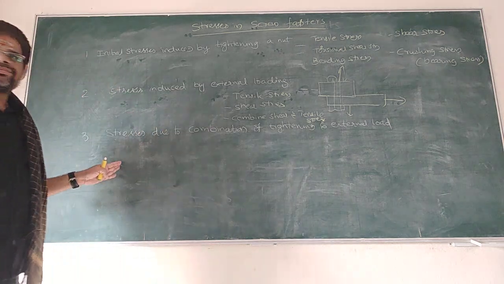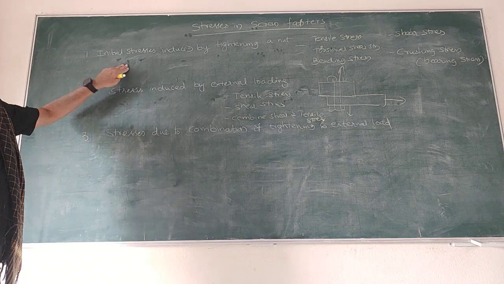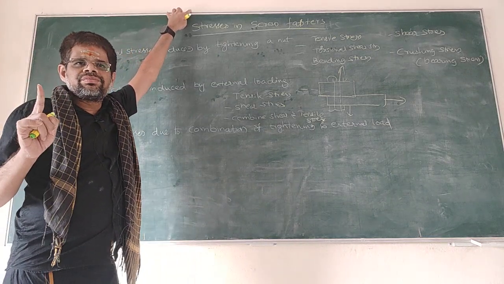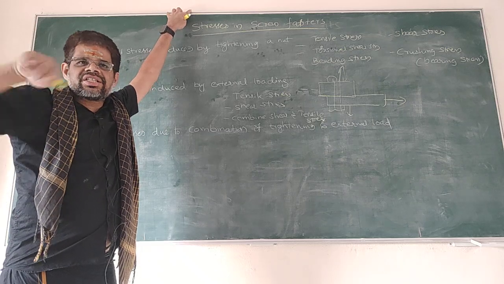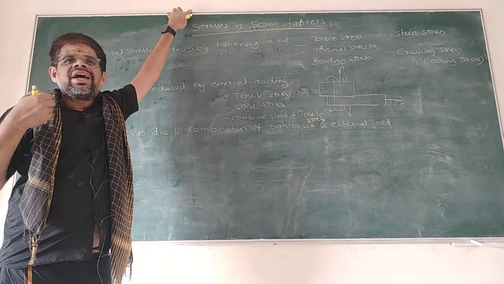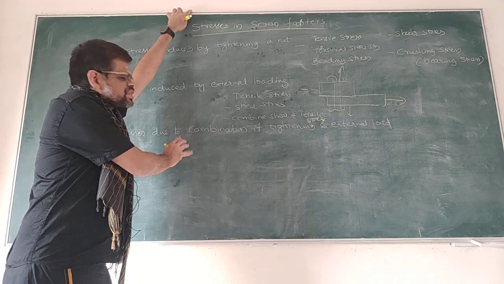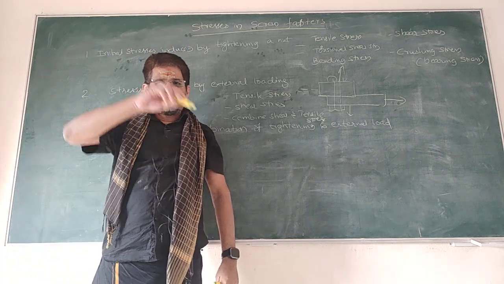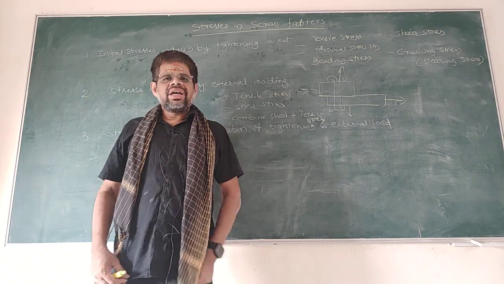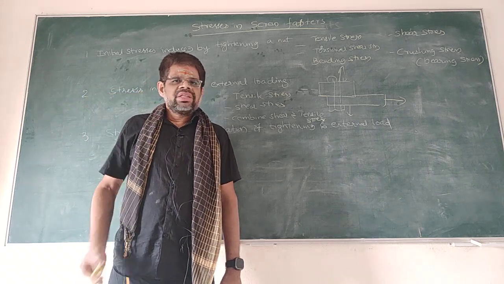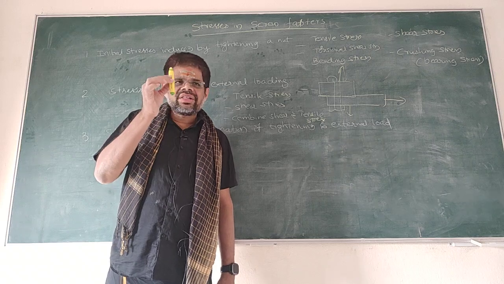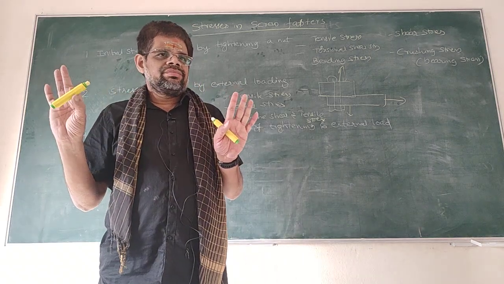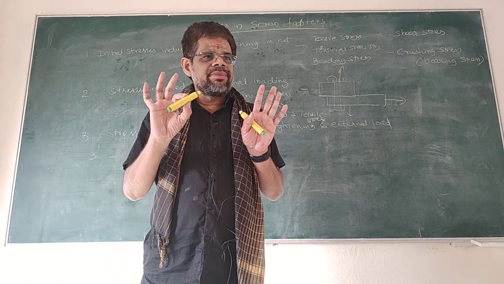And the third one: here the bolted joints are subjected to both initial tightening stresses as well as external stresses. This is the most common case, because when you are joining two components, you are tightening it. As and when you tighten it, some stress is developed in the bolt, but due to that stress, it may not fail immediately.